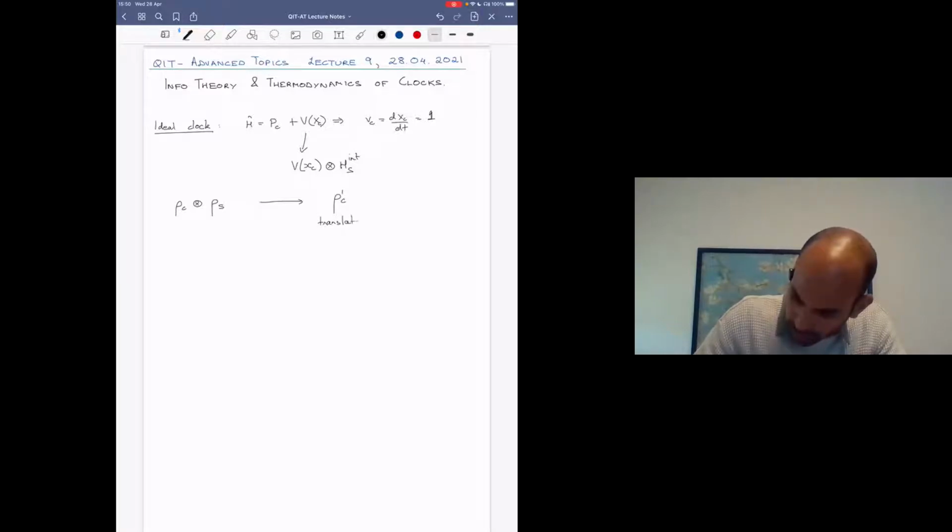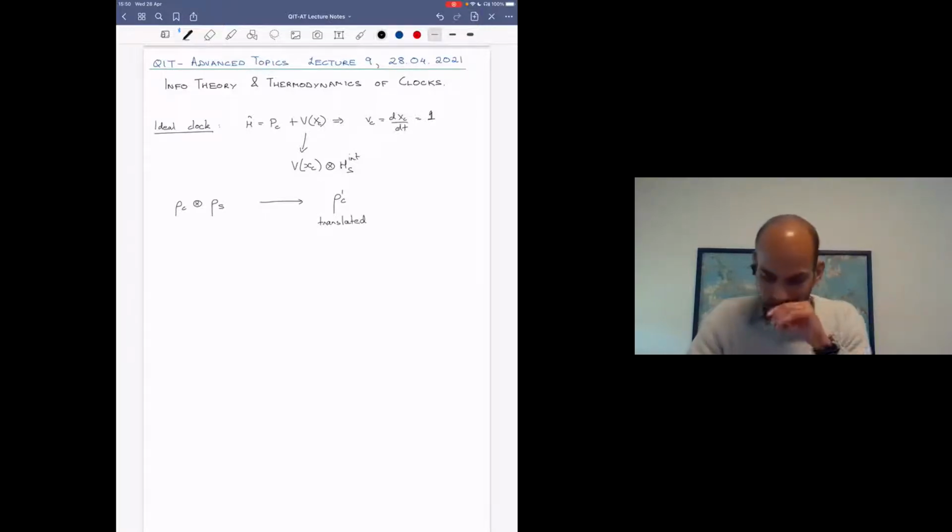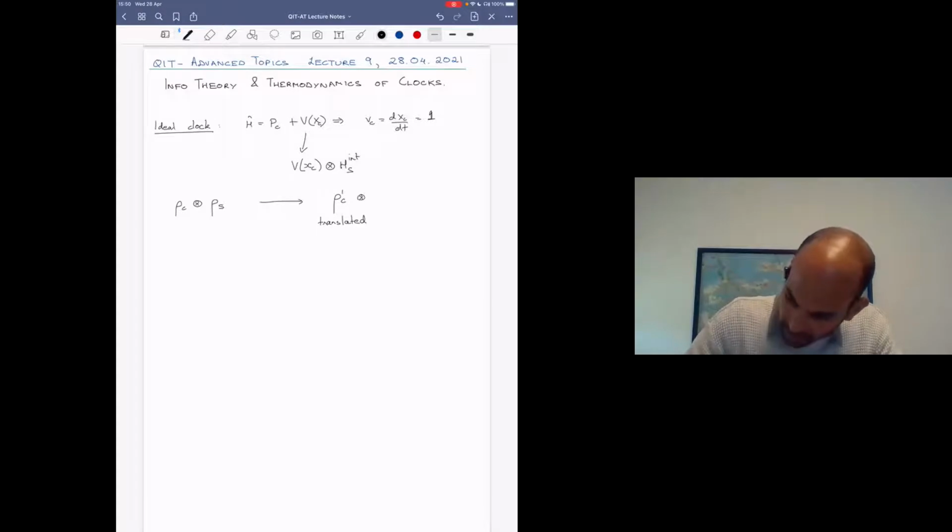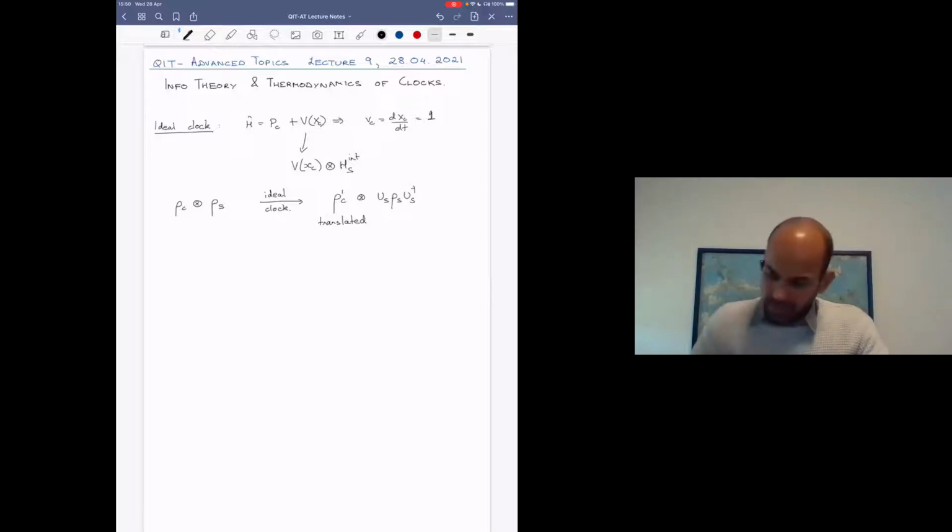So the clock is moved through x, tensored some unitary on the system, U rho_S U dagger. So this is what happens when you use an ideal clock.